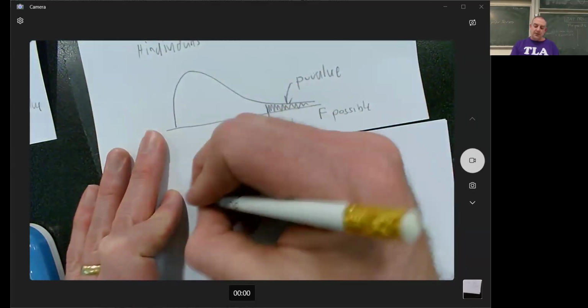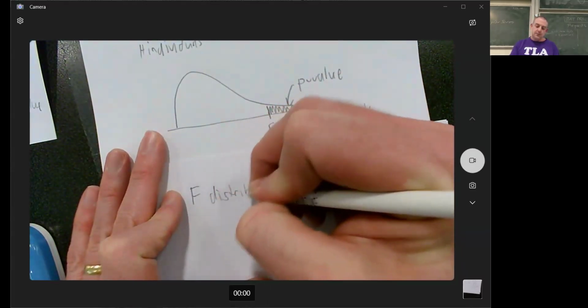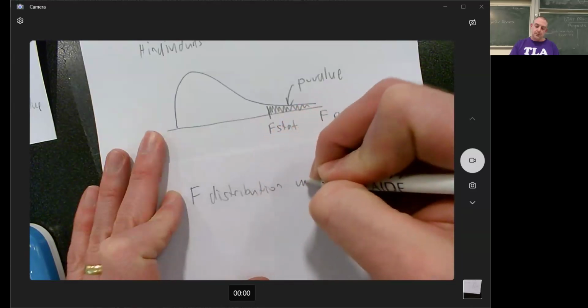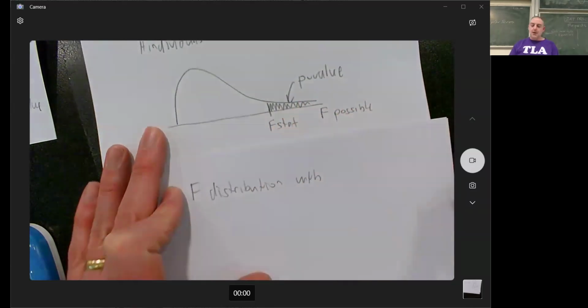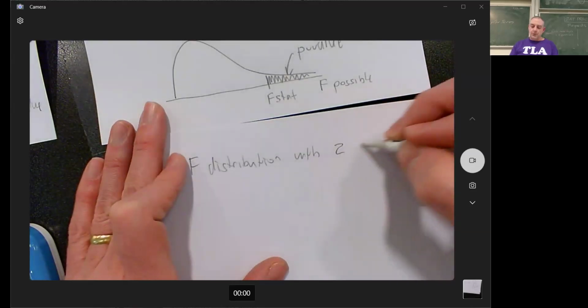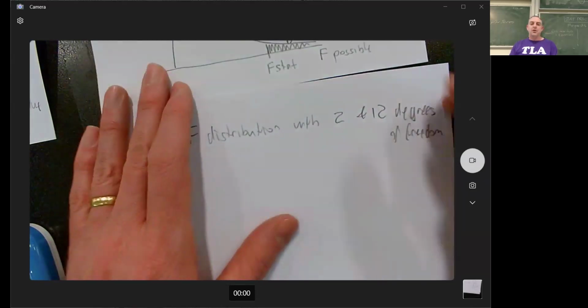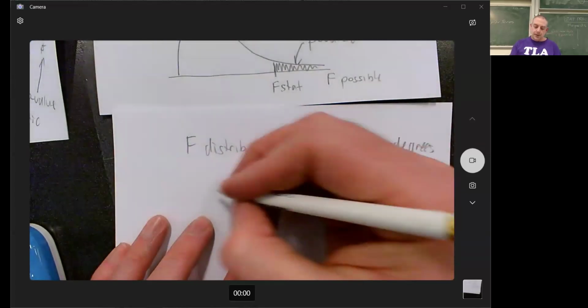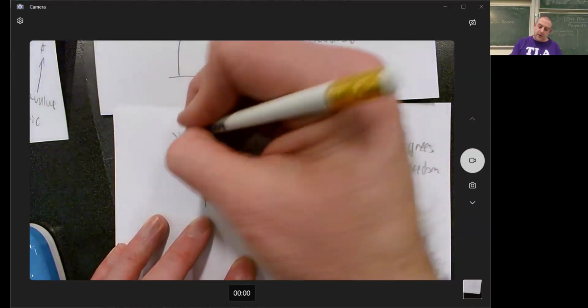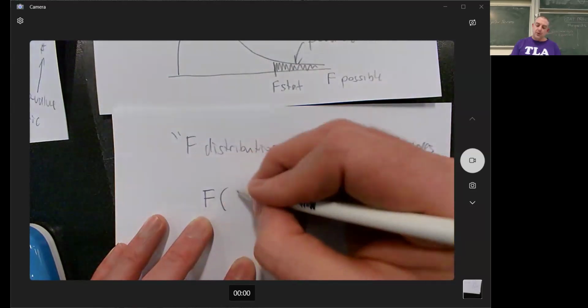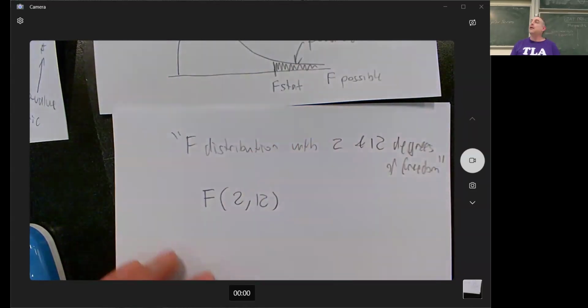So this is the F distribution with 2 and 12 degrees of freedom. That's what I say aloud, but you can just call it F like that.